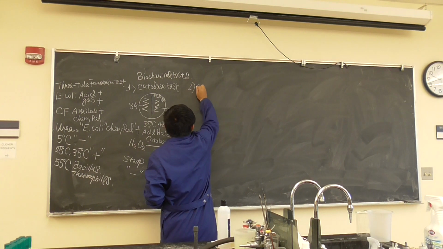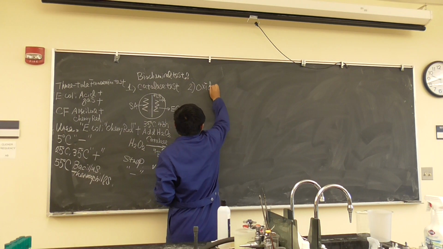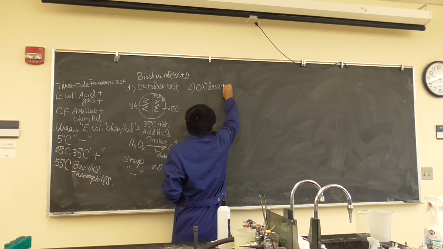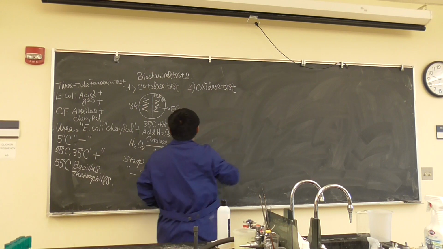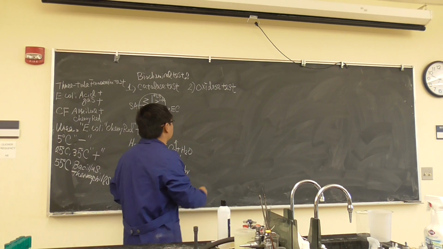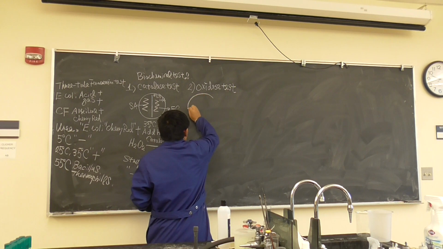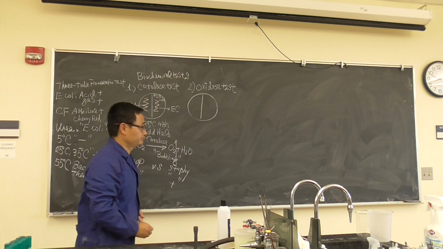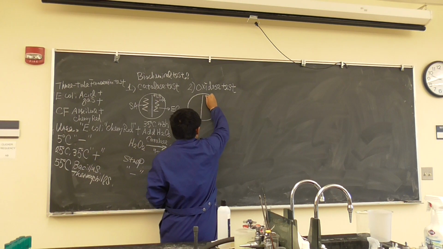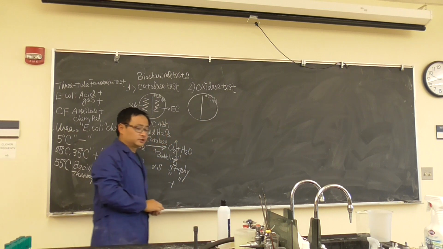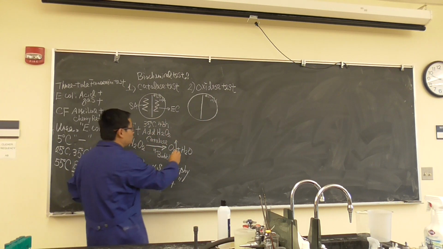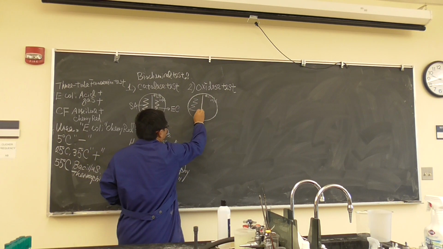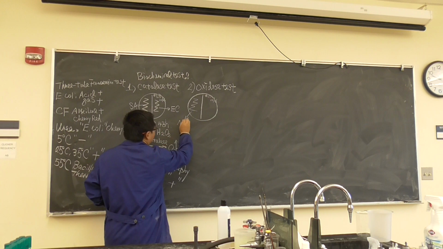Number 2 is the oxidase test. So the oxidase test will be a similar method. You'll get another agar plate, split it into 2. Write your batch number, initial, and date. On the left side, we will inoculate Neisseria.